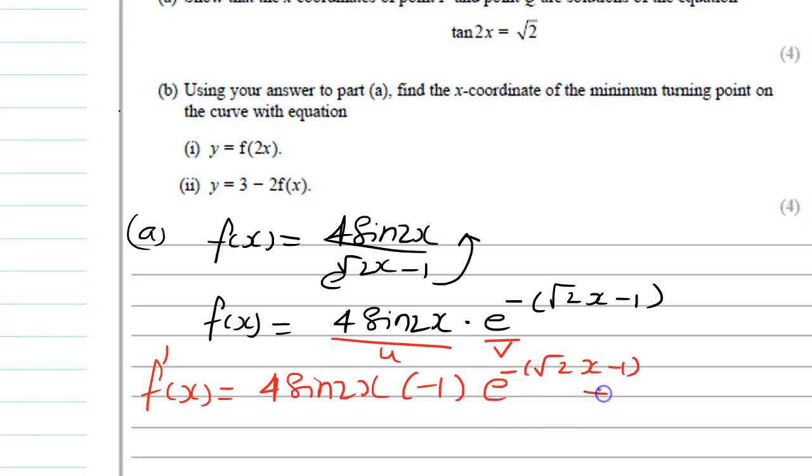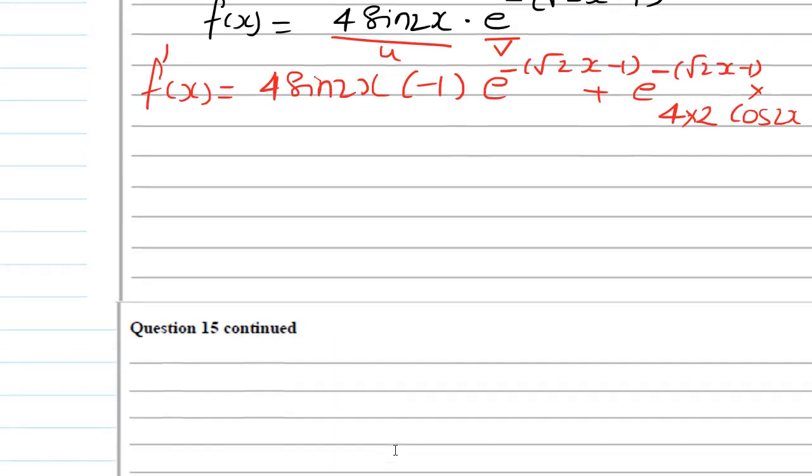Then plus e to the power minus root 2 x minus 1, times the differentiation of 4 sin 2x, which is 4 times 2 cos 2x. Okay, so this is what the differentiation is, and let's simplify it.